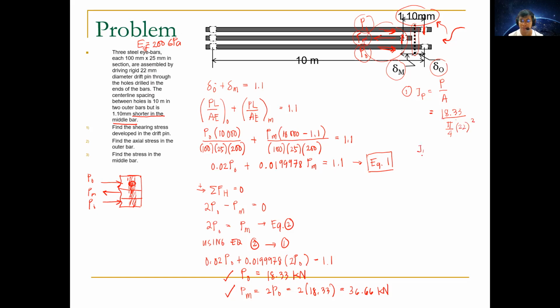So the shear stress in the pin will be equal to... If it's a small number, try converting the kilonewtons to newtons so you get megapascal.